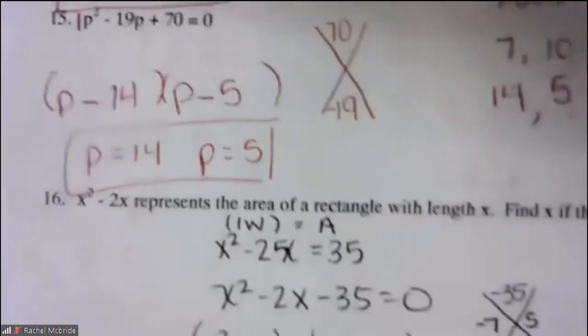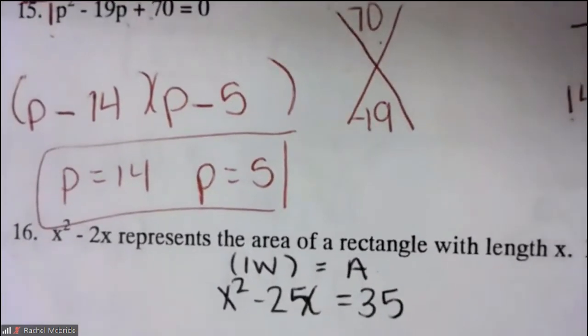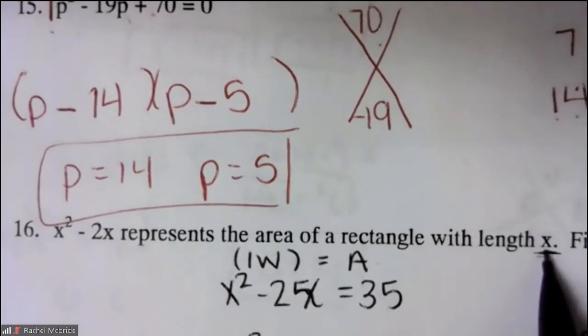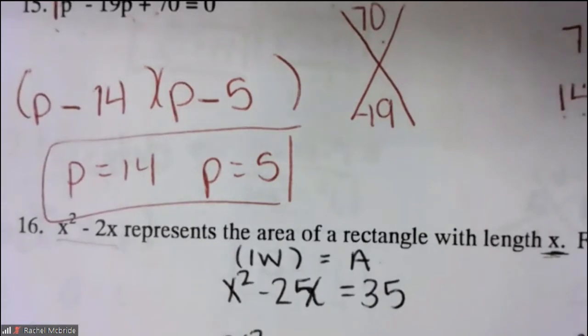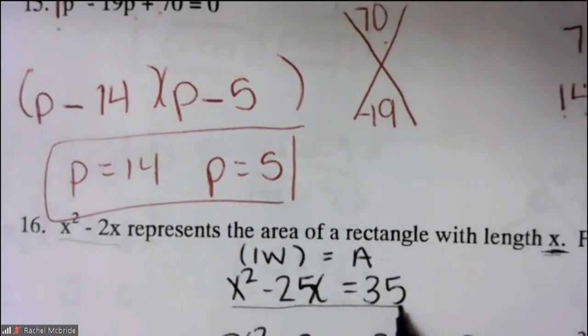Think about area of a rectangle. Area is length times width. So if the length is x and the area is equal to x squared minus 2x, then x squared minus 2x has to equal 35.